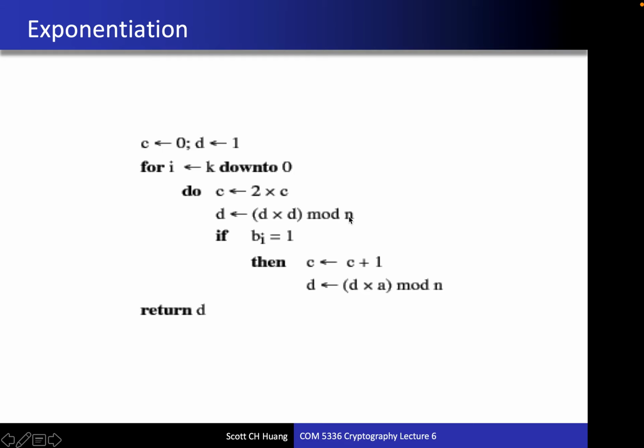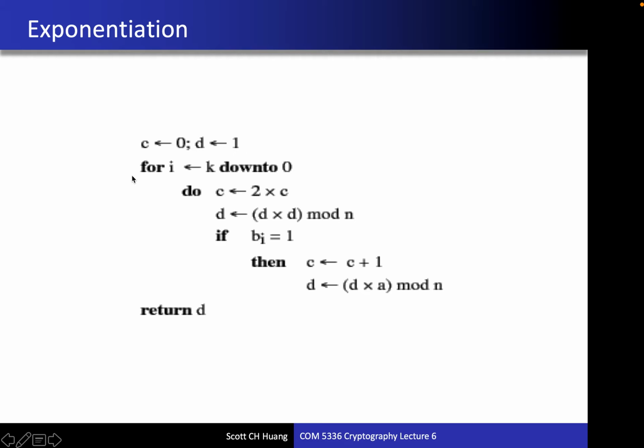And anything mod n will be changed to a point on a curve. So we change the big D to a point on a curve, but C is a temporary variable that holds an integer, because we use it to hold a temporary integer for B. First C is set to 0, and D, a point on a curve, is initialized to the point at infinity.